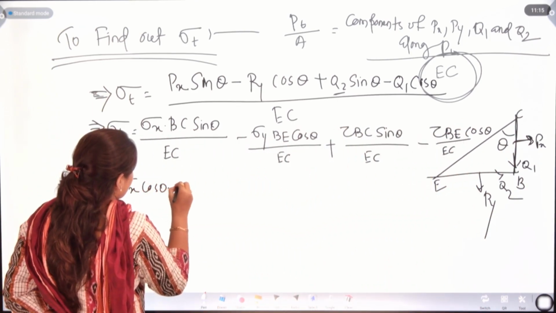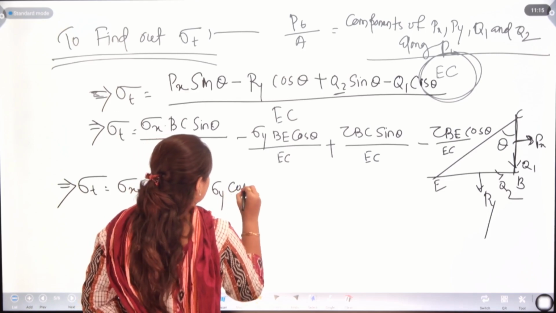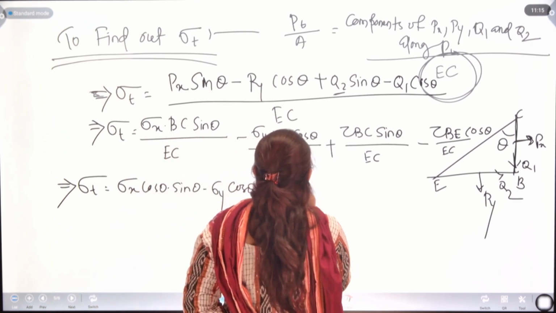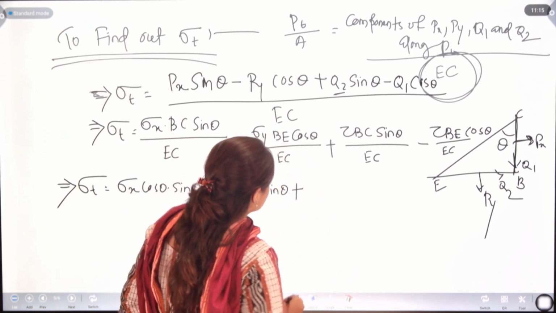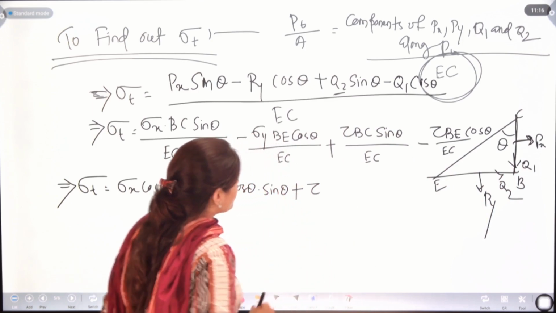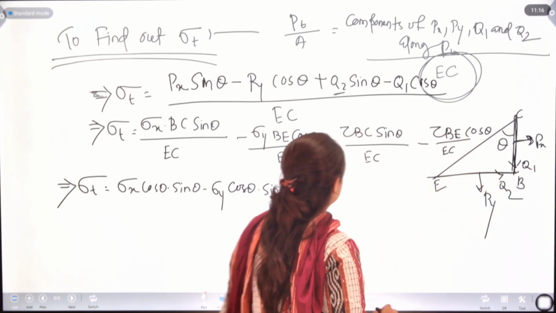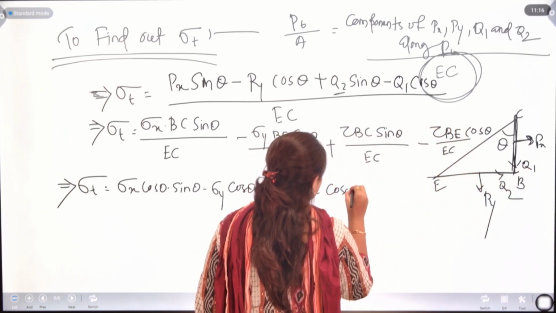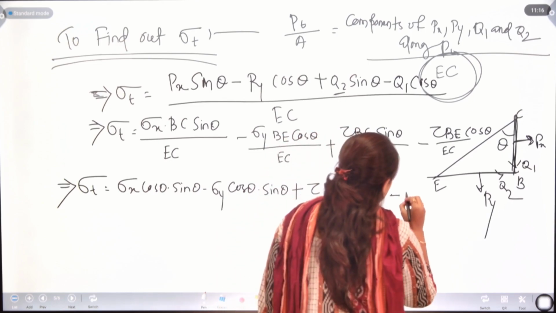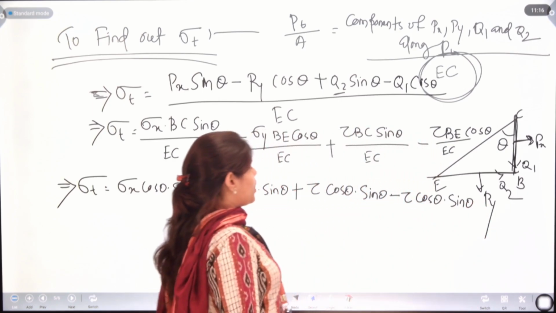Sigma x cos theta into sin theta minus sigma y cos theta into sin theta plus tau, BC upon EC, tau into cos theta into sin theta minus tau also into cos theta into sin theta.